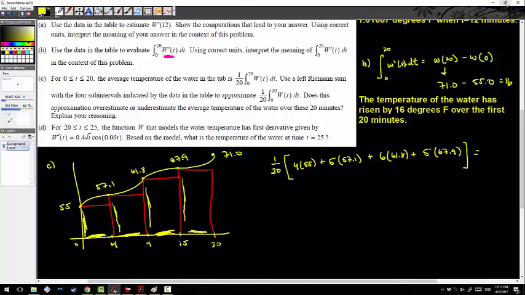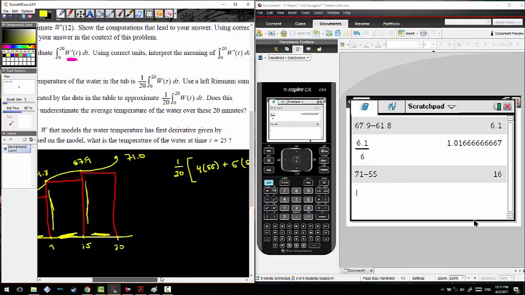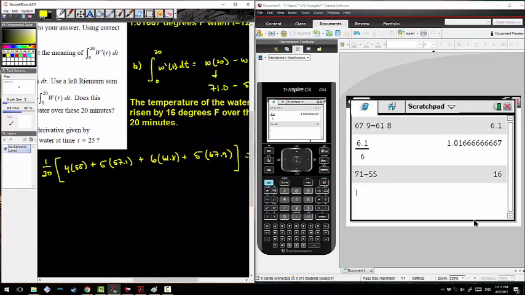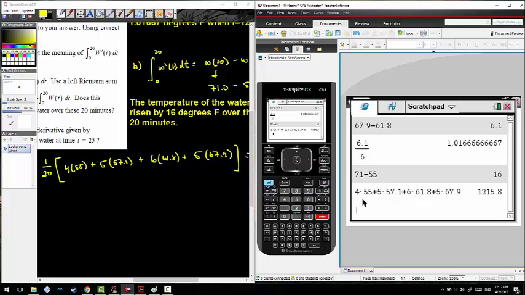Well, I'm going to bust out the handy TI-Nspire for this. I'm going to add up all of these first, and then I'll just divide everything by 20 at the end. So 4 times 55 plus 5 times 57.1 plus 6 times 61.8 plus 5 times 67.9, and I get 1215.8.